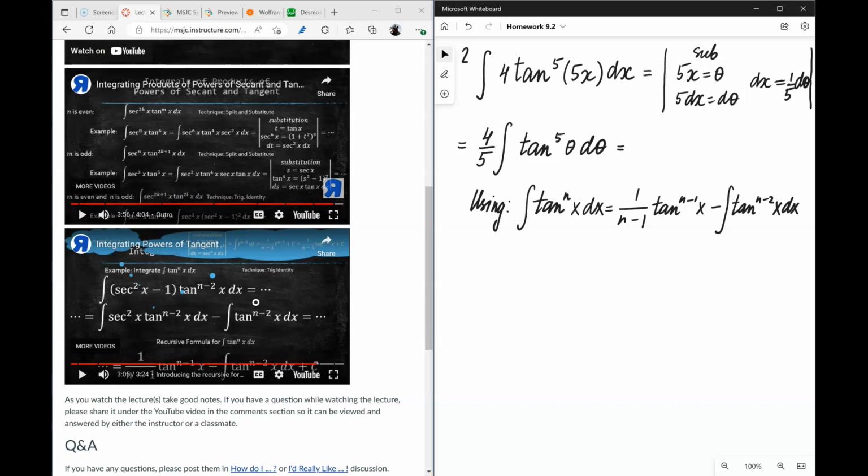Meaning when n is equal to 5, here's what I get. I'm going to get 1 over 4 tangent to the power 4x minus integral of tangent to the power 3.